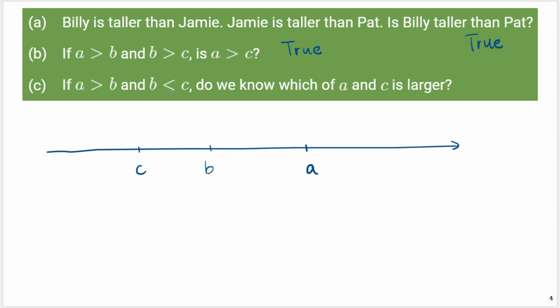Because A is to the right of B and B is to the right of C, we know A is to the right of C. That means A must be larger than C.